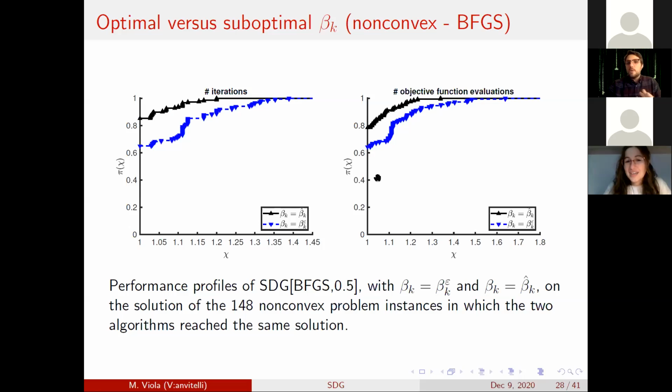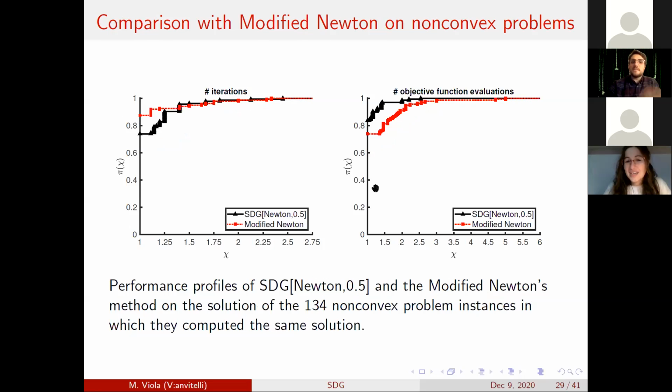Let's see what we can do against the state of the art. This is the Newton case. Against the modified Newton with Cholesky factorization, we are more efficient and more robust in terms of function evaluations, slightly less efficient but equivalently robust in terms of number of iterations.